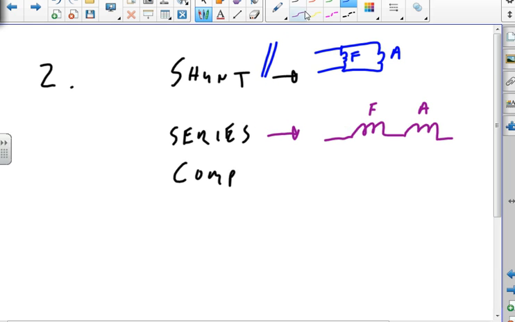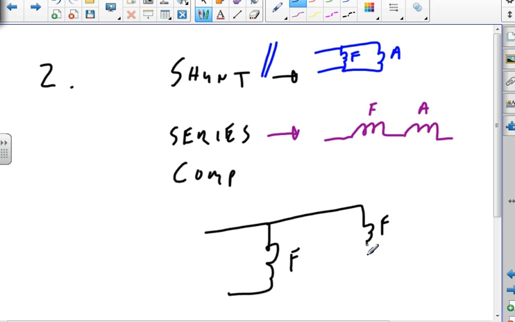What does compound mean? Combo. So I would have a field winding, but then I'd have another field winding in series with the armature winding. Those are my loose definitions of shunt, series, and compound.